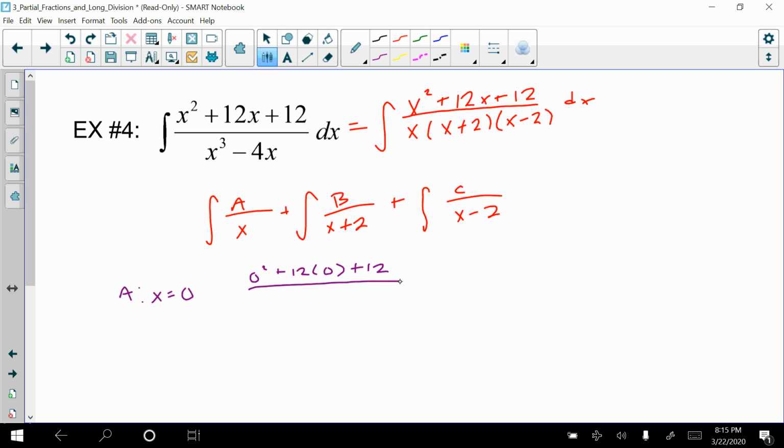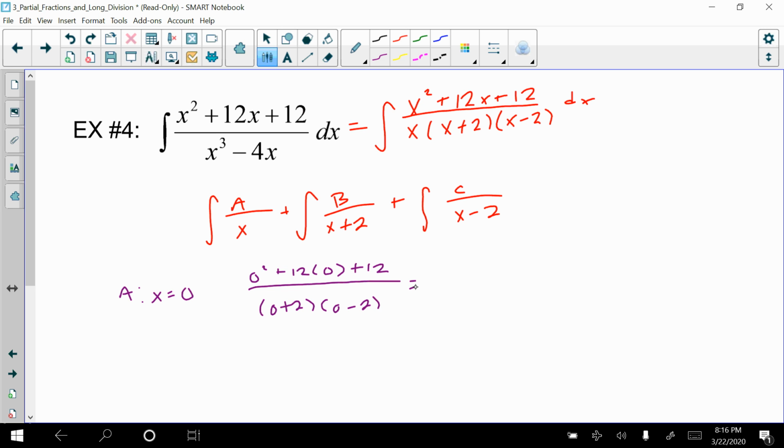Well, what goes in the denominator is whatever I did not use from the denominators already, meaning I have two denominators that I have to plug in the 0 for and multiply together. So I'm going to plug the 0 into the b denominator, so that'll be 0 plus 2. And I'm going to substitute the 0 into the c denominator, which would be 0 minus 2.